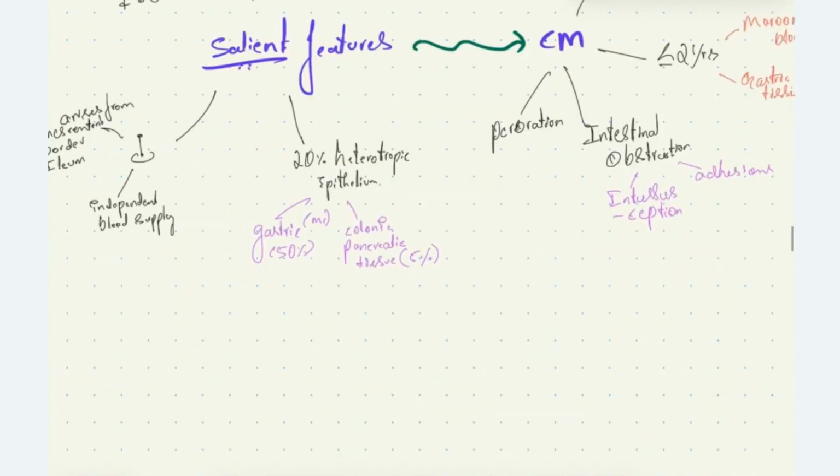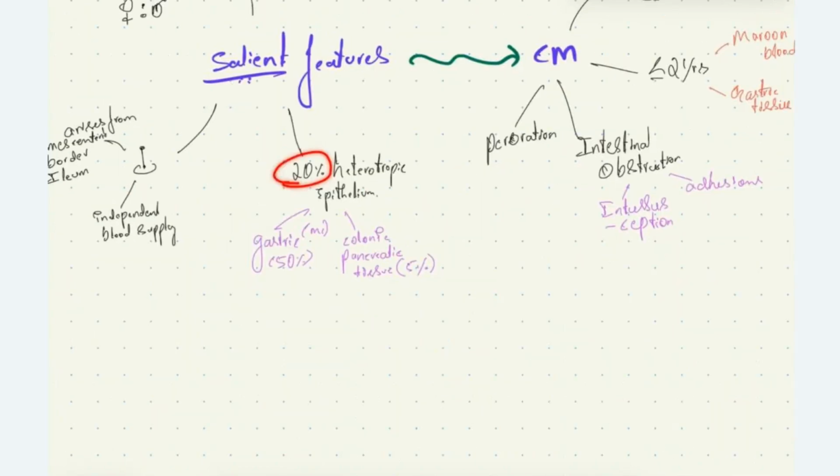Around 20% of Meckel's diverticulum mucosa contains heterotopic epithelium, meaning it's not lined by intestinal columnar epithelium. More than 50% of the time, the heterotopic epithelium is gastric mucosa, the most common, followed by colonic and pancreatic tissue in 5% of patients.